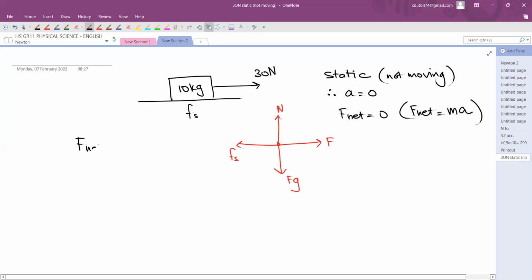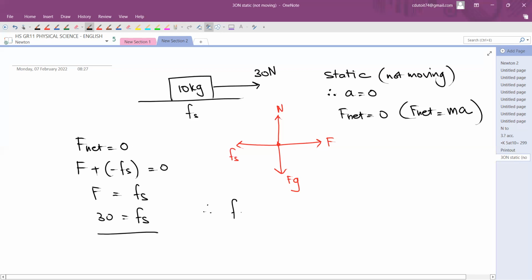Because F net is 0. Then the force applied plus negative friction will be 0. So the force that is applied equals the static friction. So 30 equals Fs. Static friction is 30 newtons to the left.